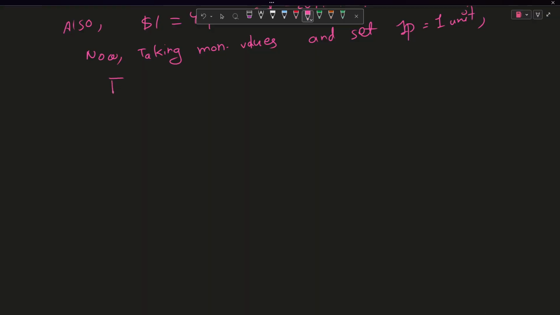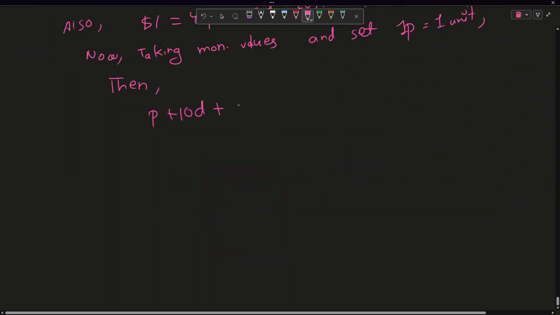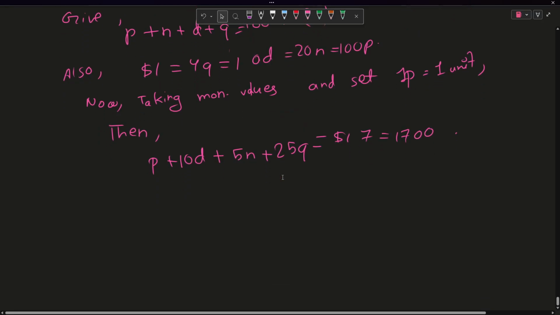Then penny plus 10 dimes plus 5n plus a quarter is equal to $100, which is not $100, my bad. It's $17, which is just 1700 pennies. This is our equation 2.